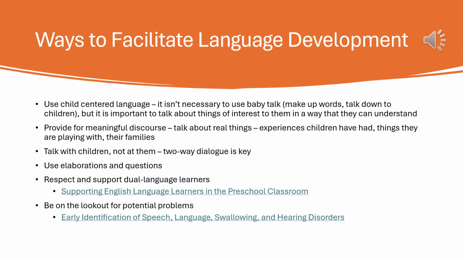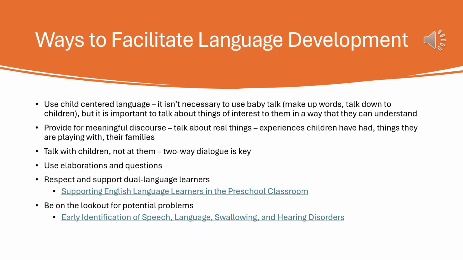These kinds of statements, these elaborations, and these open-ended questions allow children to pitch into the conversation, to add on to the statements that we're making, to answer those questions that we're asking, so that they can both receive additional information from the adults surrounding them, but also contribute to adding information to the conversation as well.